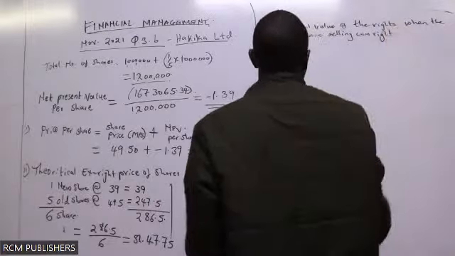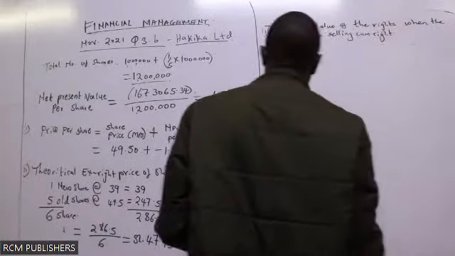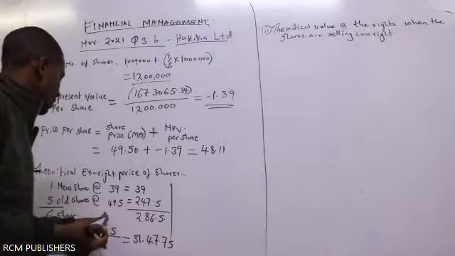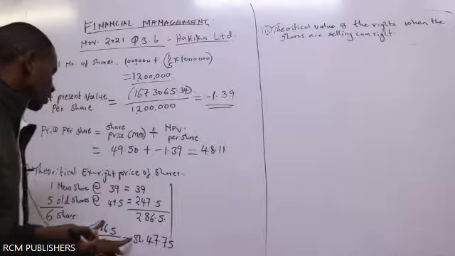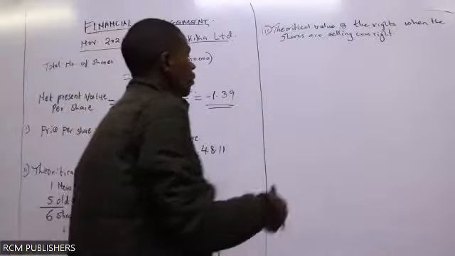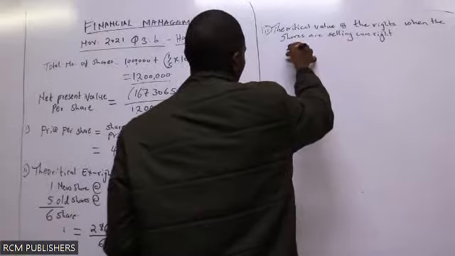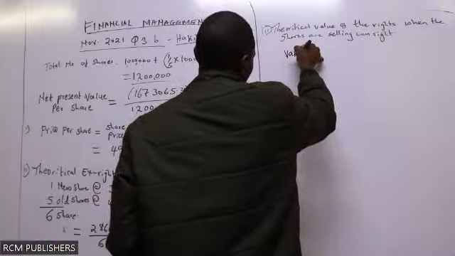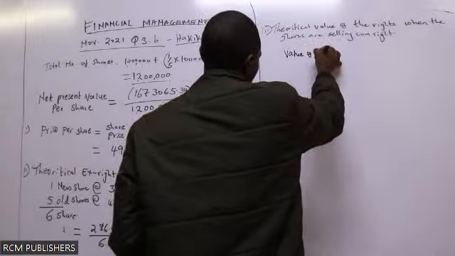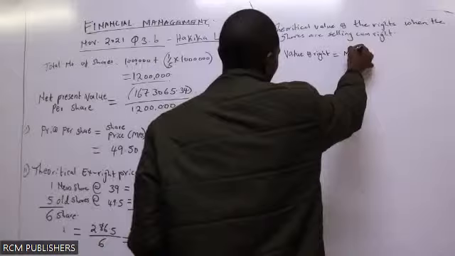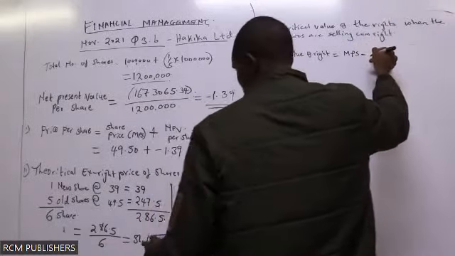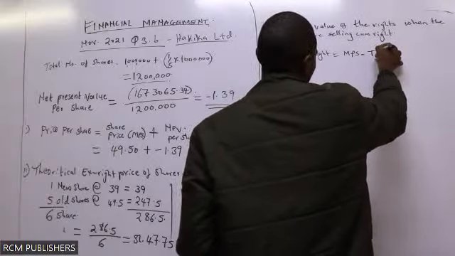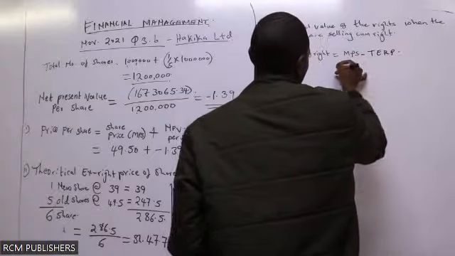We said this before, cum-right. So the value of the right will be the market price minus the theoretical ex-right price.